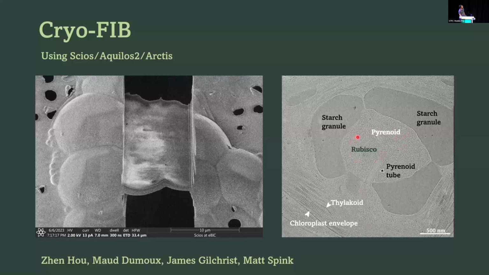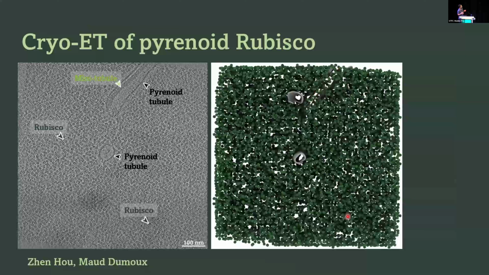Here you can see the pyrenoid, with the rubisco inside, starch granules that surround the pyrenoid, and some thylakoid membranes where the light harvesting complex sits. We'll concentrate here on the pyrenoid, and it's packed with rubisco. So this really looks like an ideal subject for cryo-ET, right?